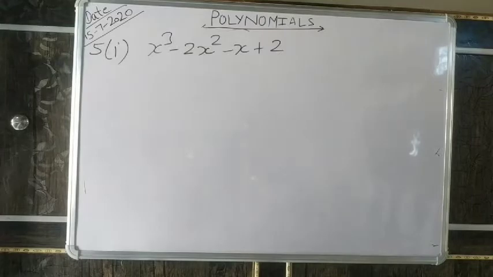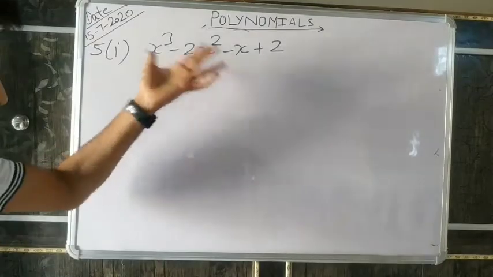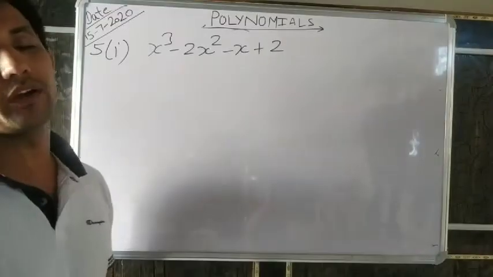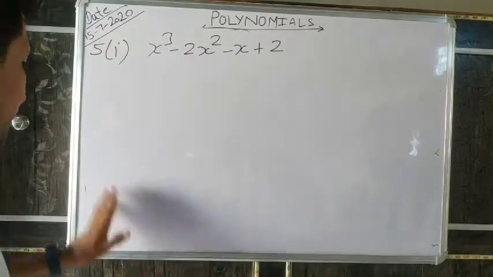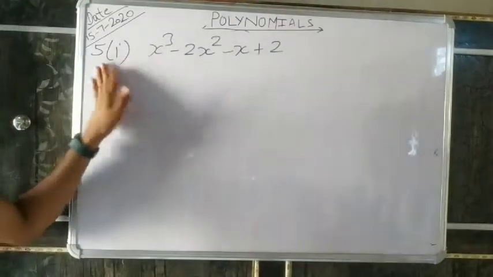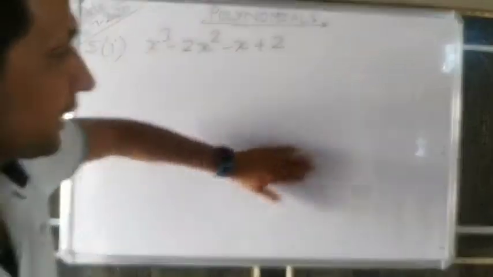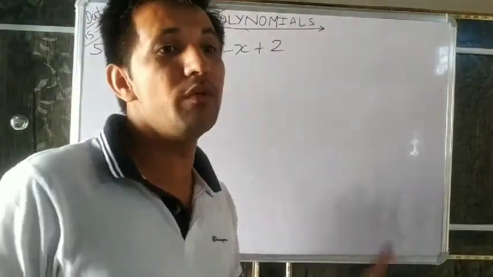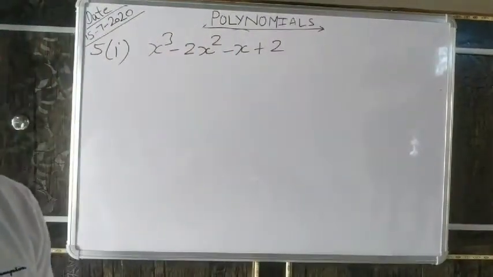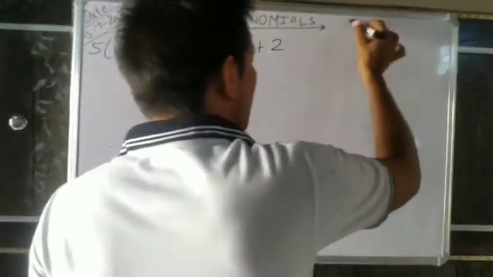So how will you factorize? How to factorize the cubic polynomial? Look at everyone how to check. If we want to factorize a cubic polynomial, we will use the factor theorem. Factor theorem is what?